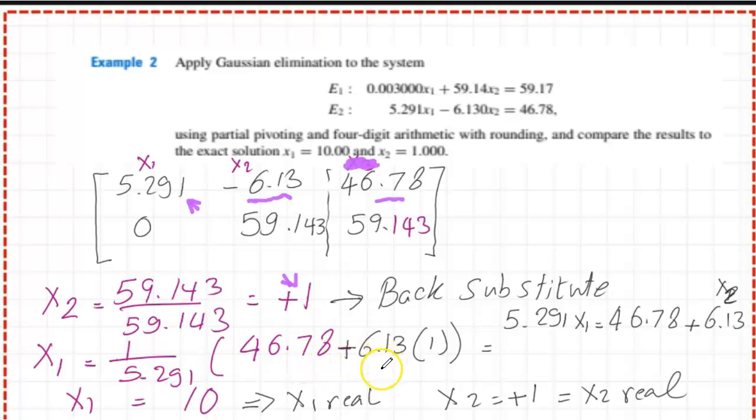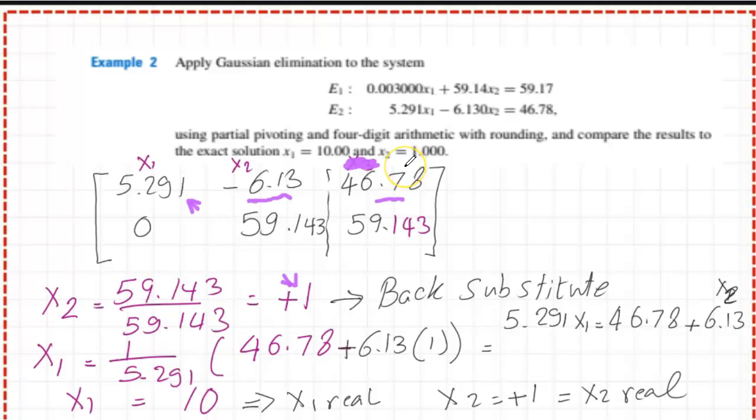This value is 52.91 divided by 5.291, which equals 10, the same value of x1 for the exact solution, while the x2, due to the approximation, equals plus 1, which is the same as the x2 value for the exact solution.